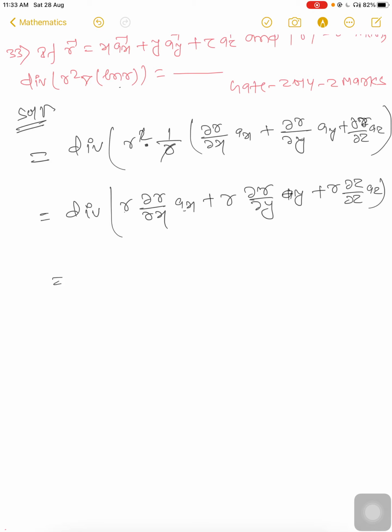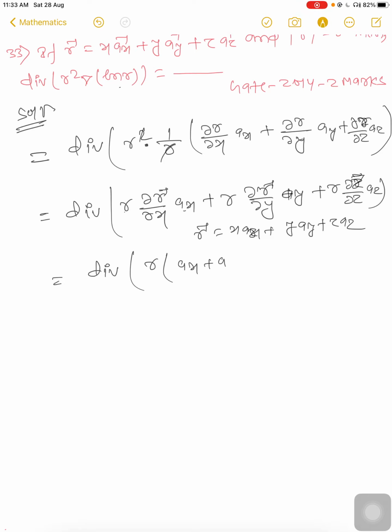The x term you will get only the x term, and after differentiation you will get r also. To show the divergence, after putting the r value, R is equal to x ax plus y ay and z az.